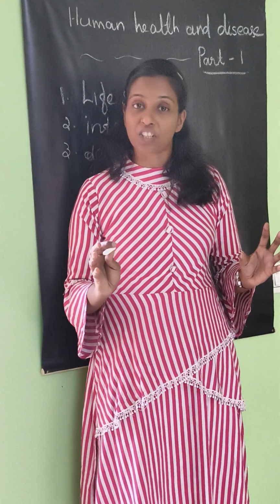Not only that, people believe that practicing yoga is also good. Besides physical exercise, balanced diet and yoga, we should have good awareness about various infectious diseases: how a disease affects the body, what its side effects are, and which organs will be affected.